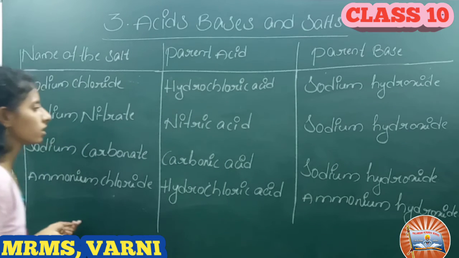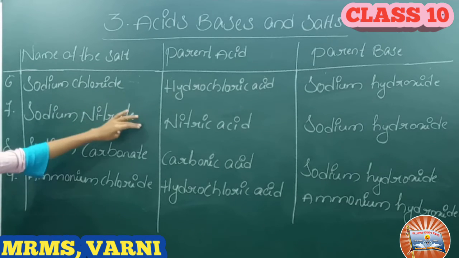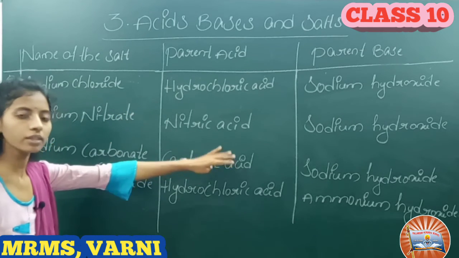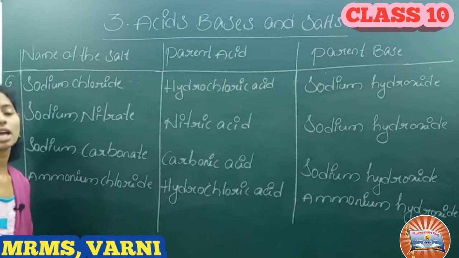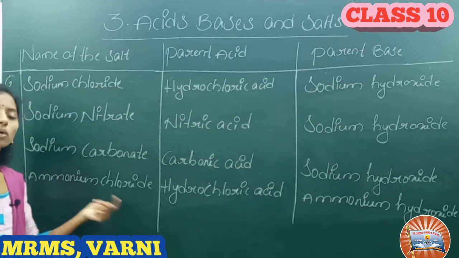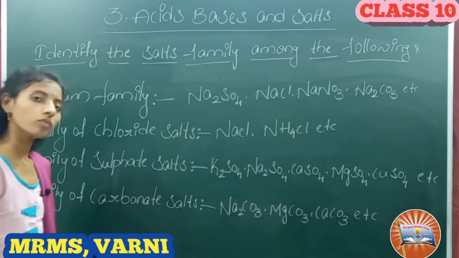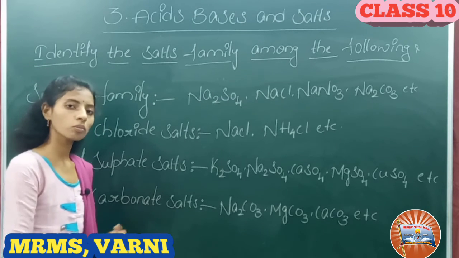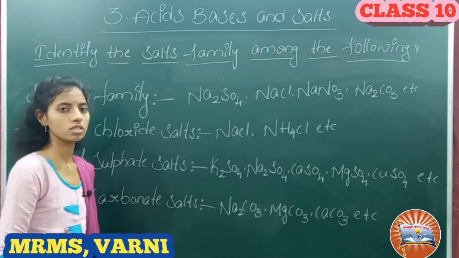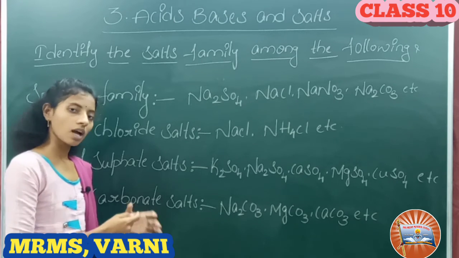Okay, these are some of the common salts. Okay, so here for these salts we are taking the parent acid and parent base. We know when one acid reacts with base it will form salt and water. Okay, before we are finding formulas for some of the salts, and next we are finding the acids and bases.